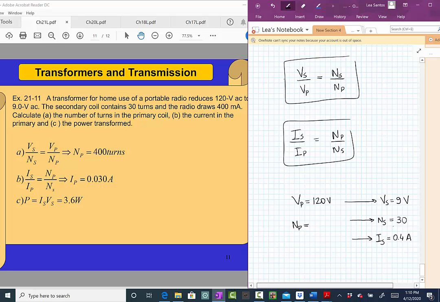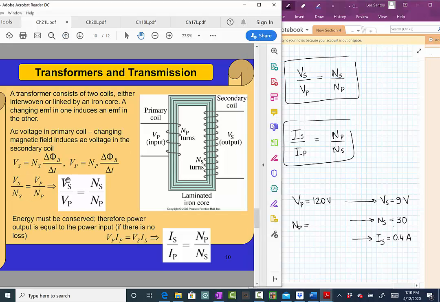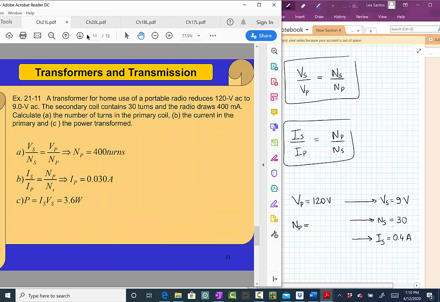The ratio of the voltage, Vs over Vp, is the ratio of the number of turns, Ns over Np. So if Vp is larger than Vs, then Np has to be larger than Ns.